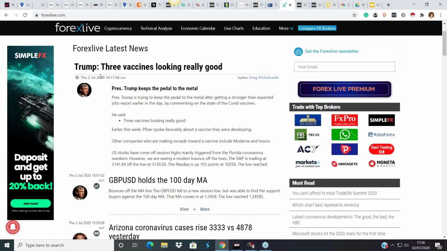So here is three vaccines looking good. And of course, you've got the Fed, with its old printing press going like the clappers at the moment, not wanting to take this market down because of all sorts of reasons. Why not? So this is the trading environment that we are working in at the moment.